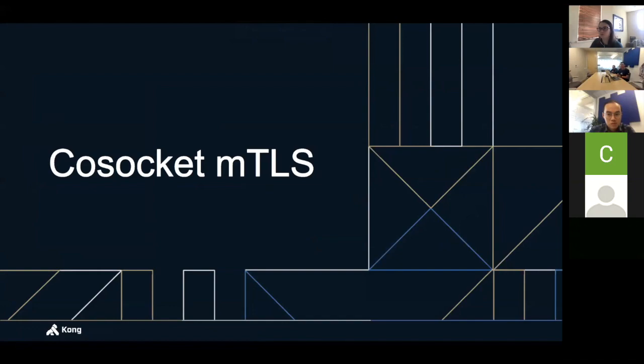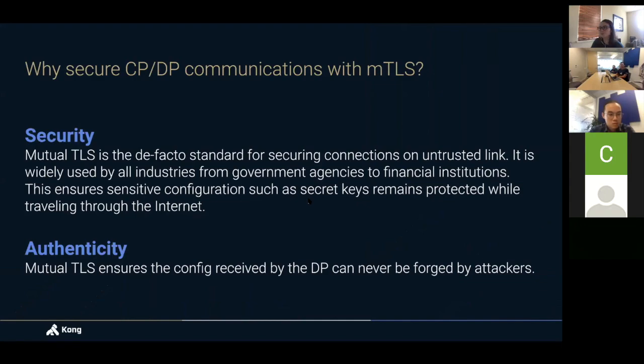So to support this, our team at Kong contributed to the OpenResty project for cosocket mutual TLS support. It's actually a pretty extensive change, more than 2,000 lines of code, but we're glad we were able to get this working. The reason we go through so much hassle to secure the CP/DP, control plane data plane, communication with mutual TLS is really just to ensure the integrity and security of the Kong cluster that's being run under this mode.